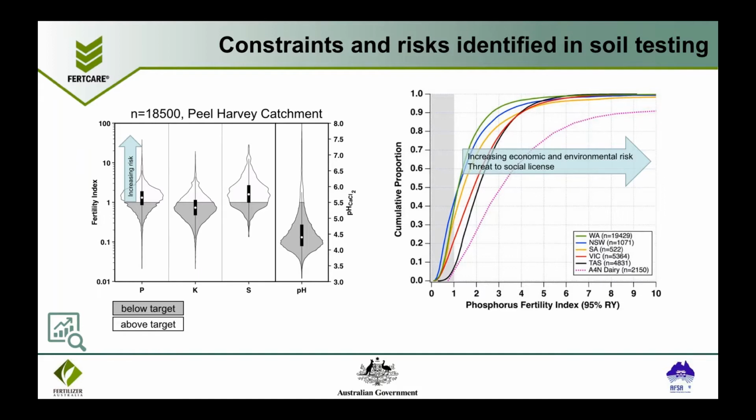And we're also increasing threats to social license. The bottom line, I guess, with this is that you don't really know where you're operating without having a soil test in the first place.